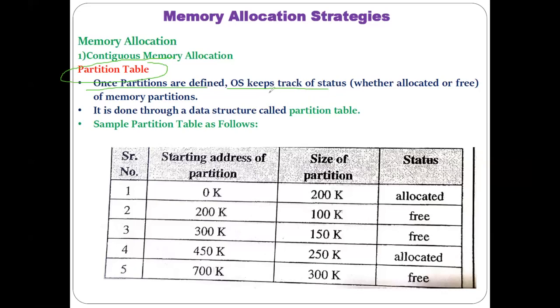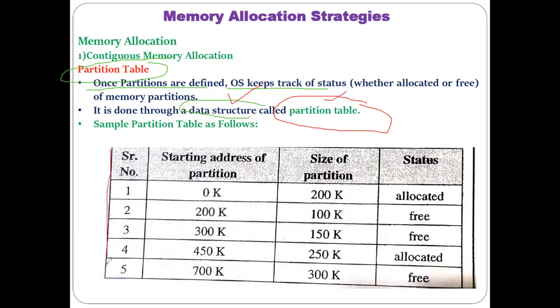The operating system keeps track of all these things using an important data structure called the partition table. Whenever memory gets divided into different slots, the operating system also has to keep track of which partitions are allocated and which are free.